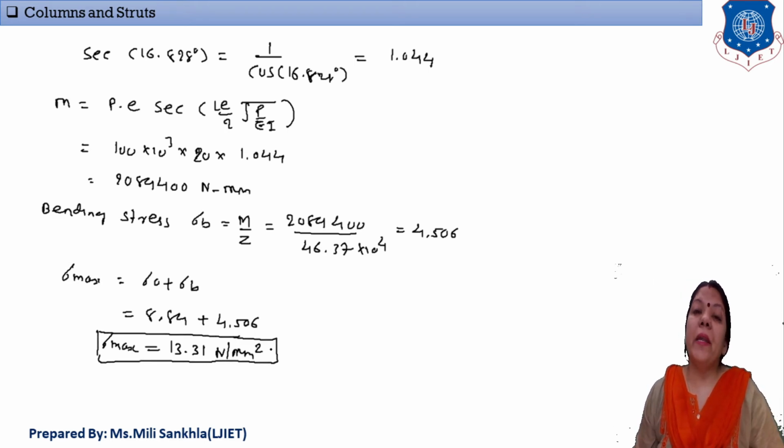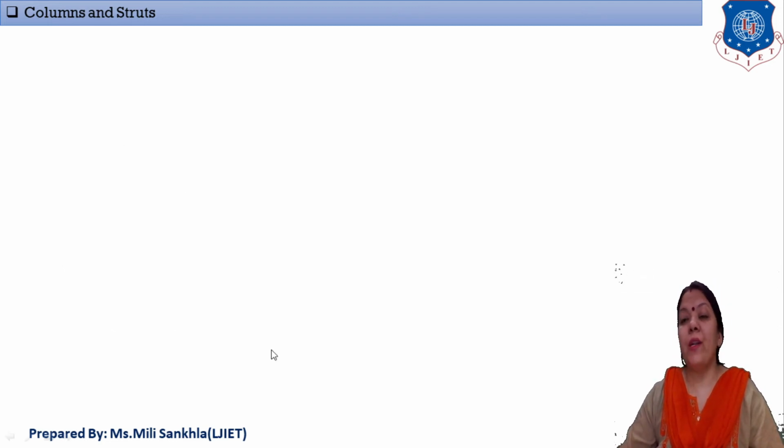Now the data asks to find the eccentricity that avoids tension anywhere in the section. Okay, so here we first write down our statement.